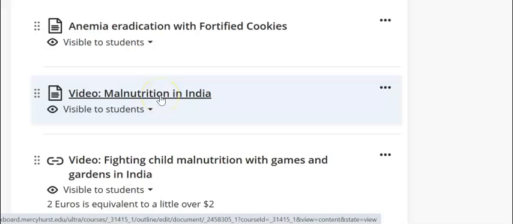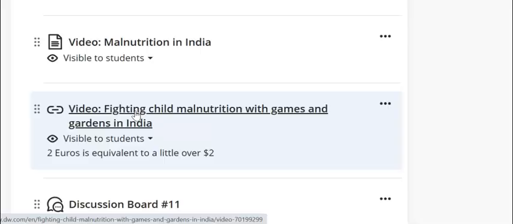One gives us a little more information about malnutrition in India, what some of the governmental programs were that were put in place to decrease malnutrition, especially in specific provinces, and it gives you really good information. And then this video shows an NGO, a non-governmental organization, as you'll recall, and how this NGO is helping to fight child malnutrition with games and gardens in India.